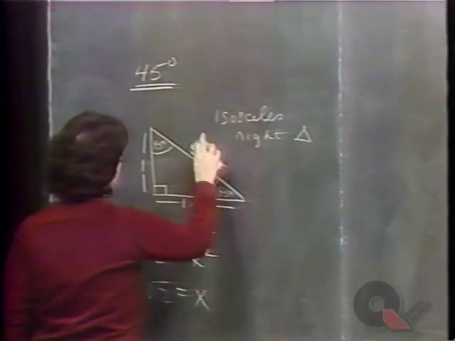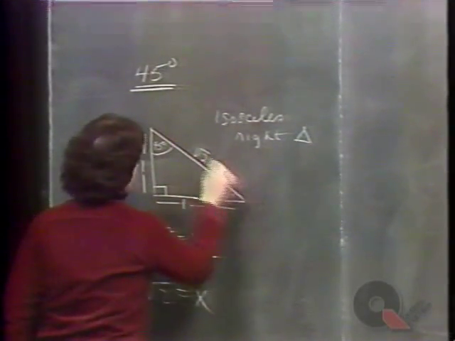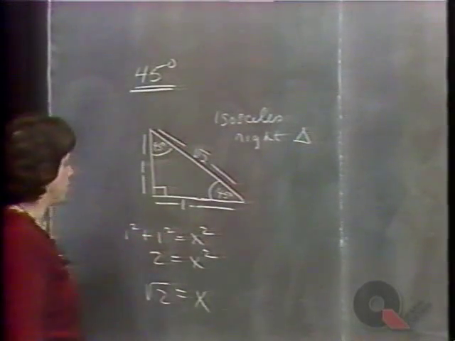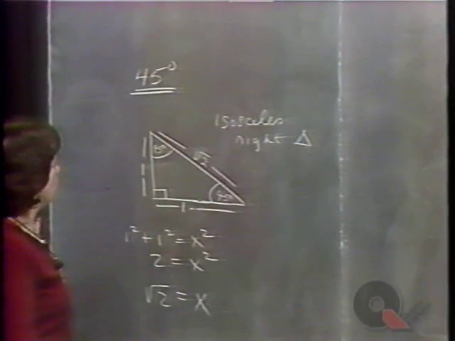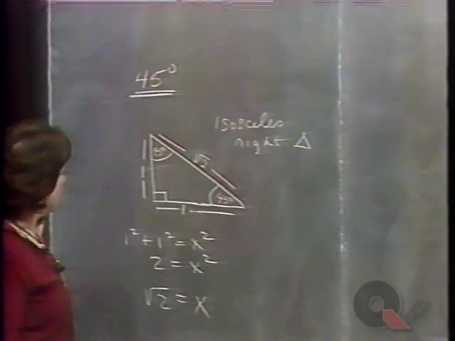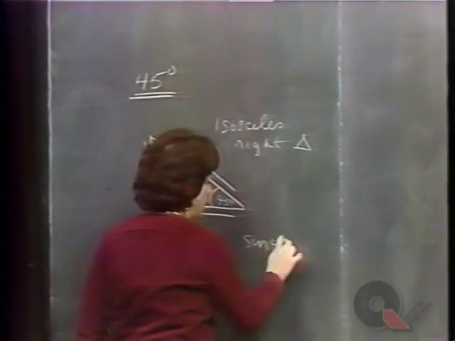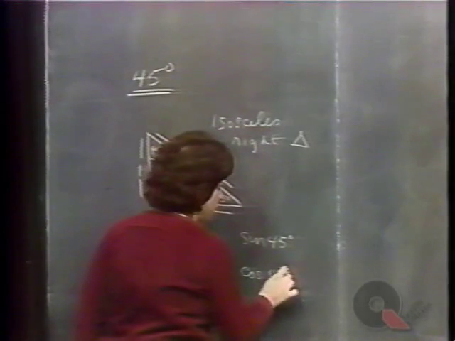So the hypotenuse of this triangle has length the square root of 2 units. If this is 1 unit and 1 unit, then the hypotenuse is the square root of 2 units. Square root of 2 is approximately 1.4. Now, from this, we can write down the sine, cosine, and tangent of 45 degrees.